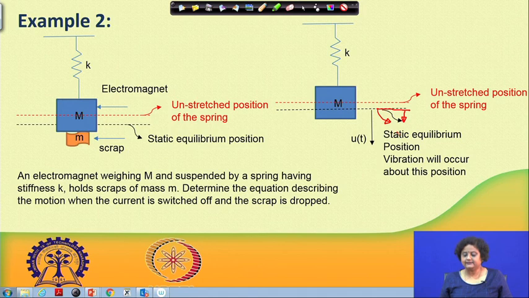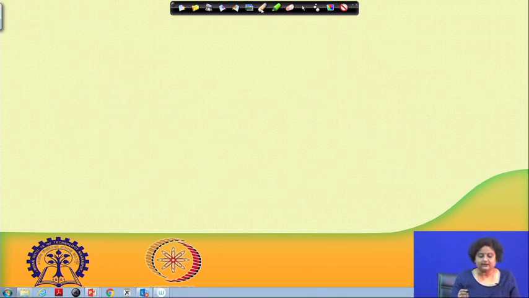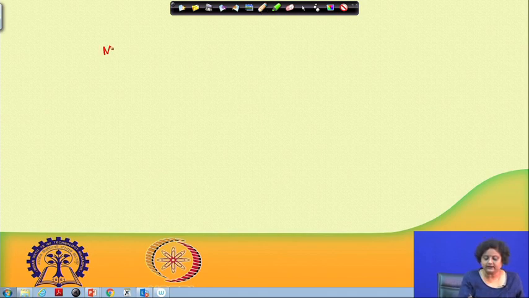So, let us now try to solve this problem. How are we going to solve it? Again, the equation of motion is m u double dot plus k u equals 0.